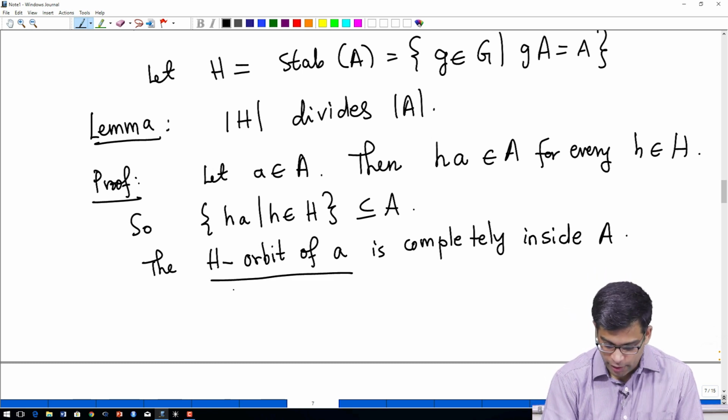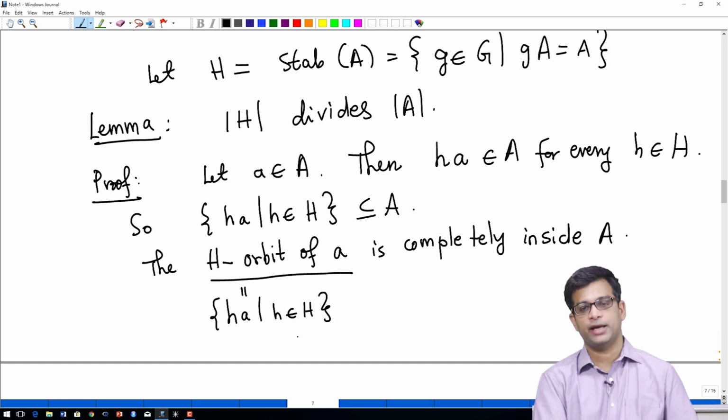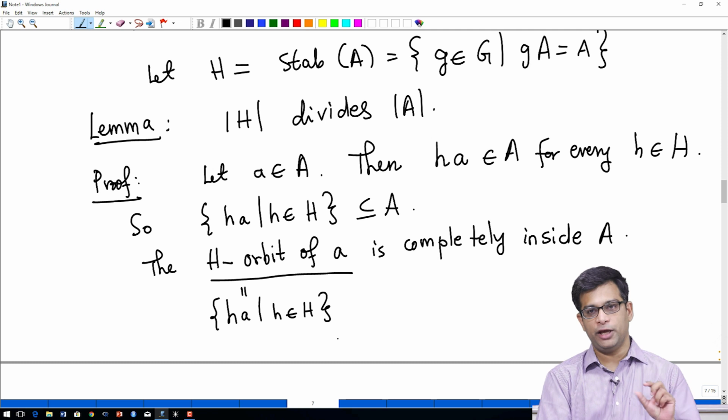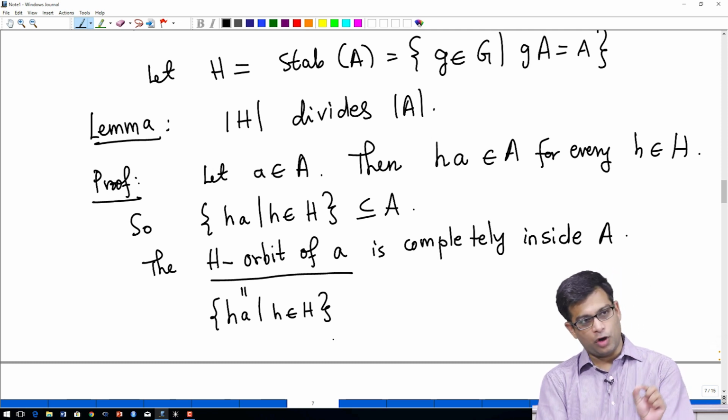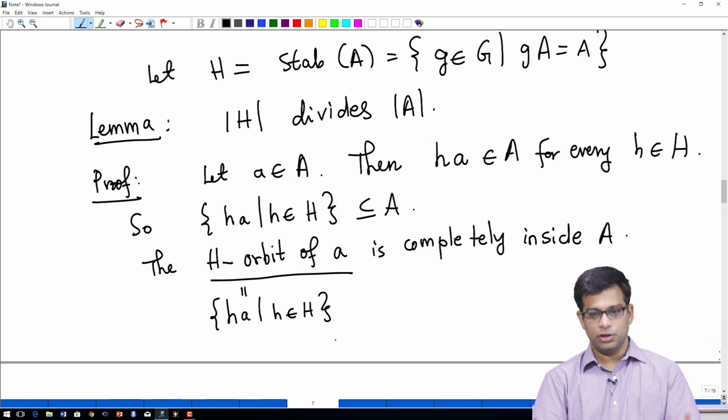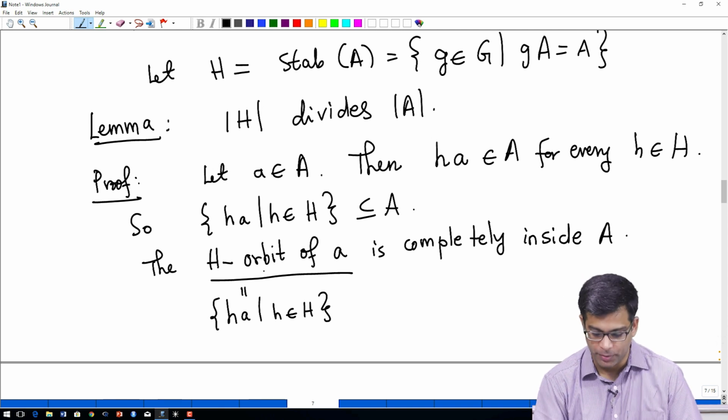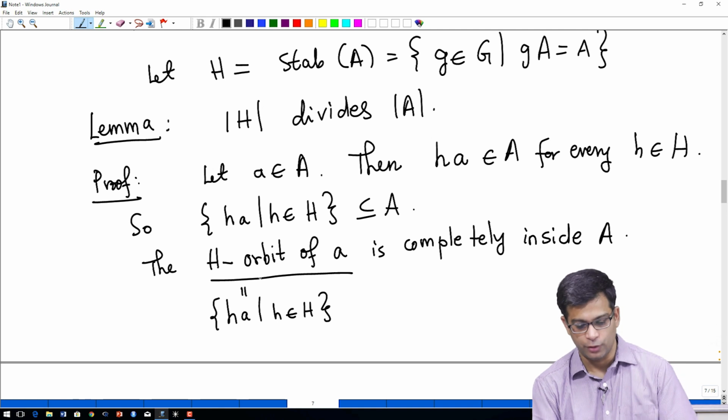What is the H orbit? The H orbit is simply what I wrote earlier: ha as small h is in H. The H orbit is simply the orbit of a as you take elements of capital H. I am calling it the H orbit as opposed to orbit because I now have a different group, right.